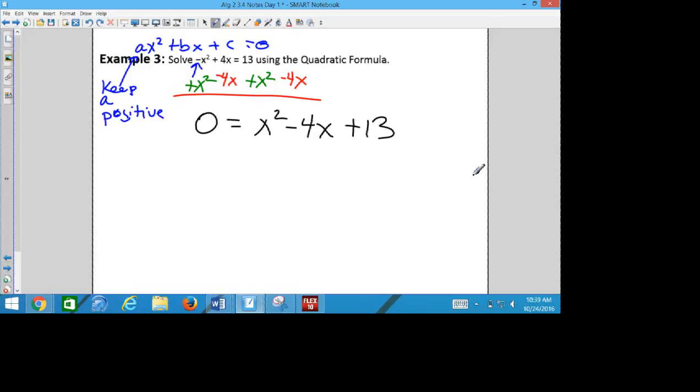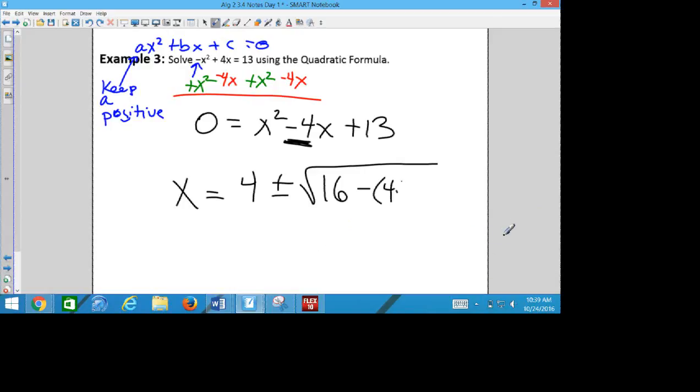Yeah, it's fine. I just wanted my x squared to have a positive number. Then we do our formula. So x equals opposite b. Here's b. What's opposite? 4. 4 plus or minus the square root of b squared minus 4ac all over 2a.